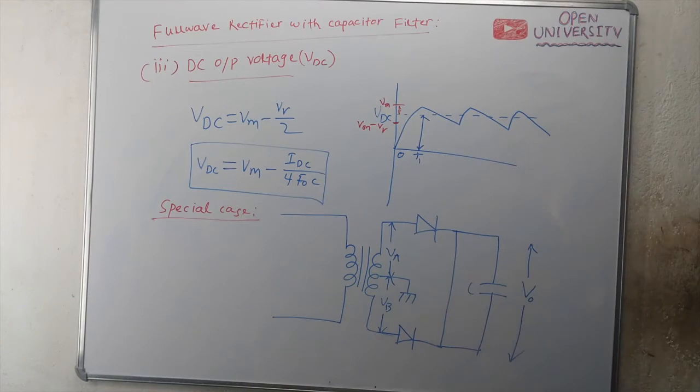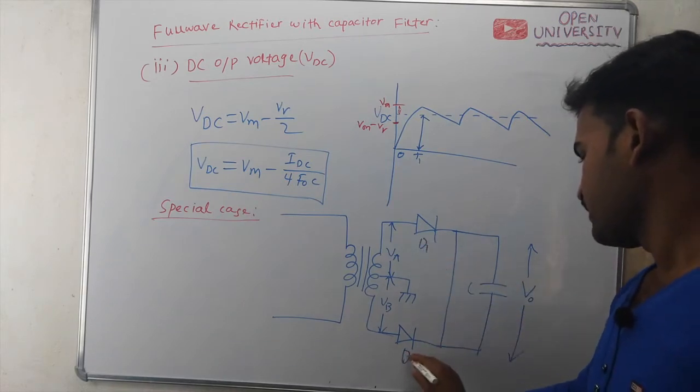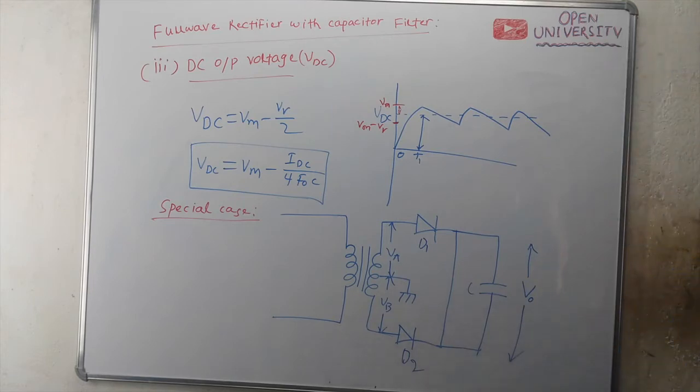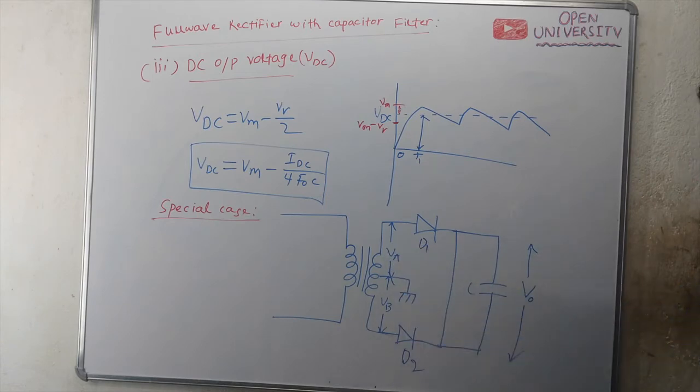What happens when diode D1 conducts initially? The capacitor will charge through D1 up to the maximum value of input voltage, that is Vm. Now when diode D1 is off and D2 is also off, since there is no load resistance present, the capacitor cannot discharge.